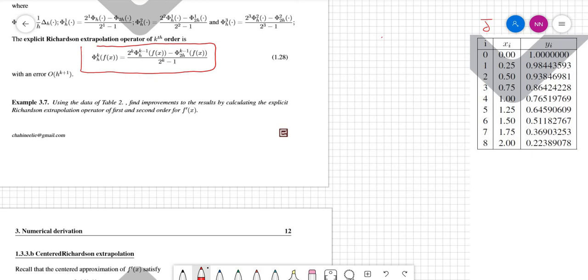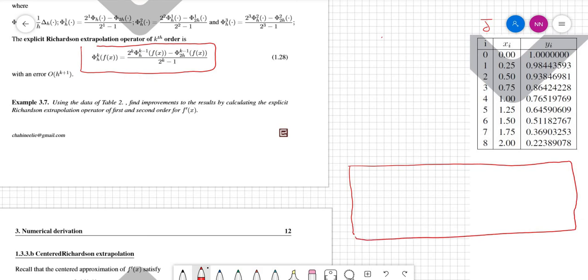Look what you will do. To make the calculation easier, we'll use this algorithm or technique. We will make a table that contains h, which are the step sizes.